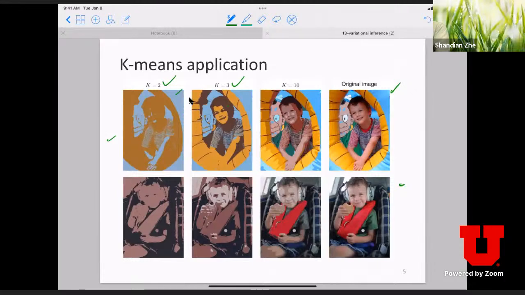The yellow pixels represent these rings, and the background is still the third cluster. If you take k equals 10, you might find many more interesting clusters. Similar interesting discoveries can be found when you try different values of k when clustering the pixels in the second image.